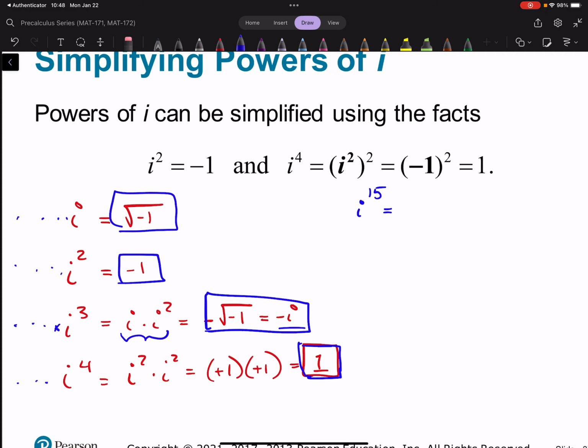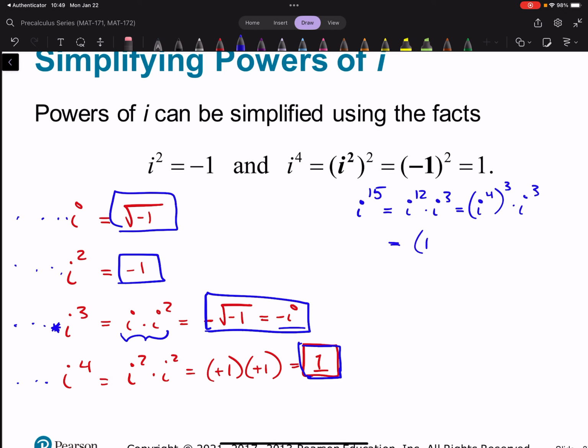Now maybe that doesn't make sense for you, so I'm going to help prove that this is the answer. Well, i to the 15th is technically i to the 12th times i cubed. i to the 12th can be written as i to the 4th, cubed. What's i to the 4th?